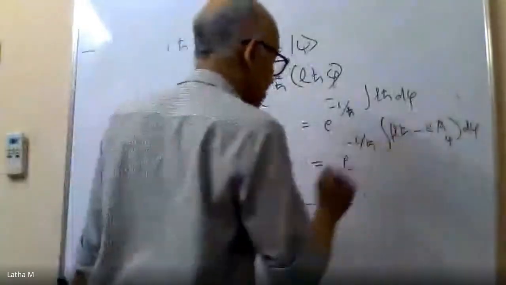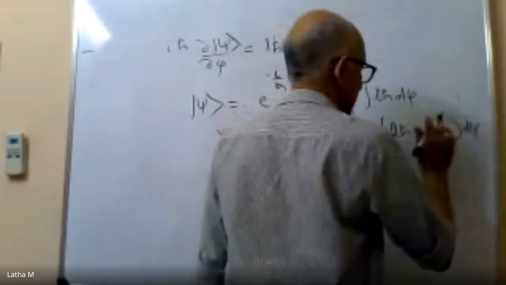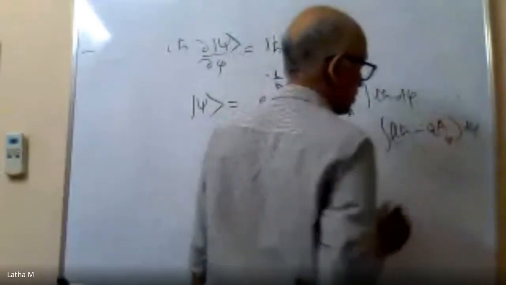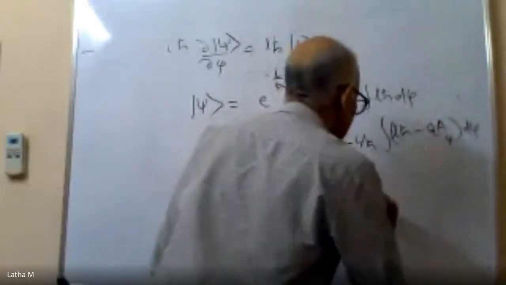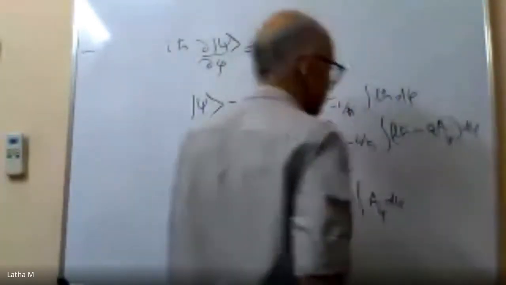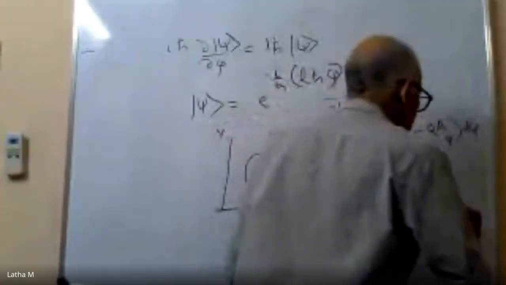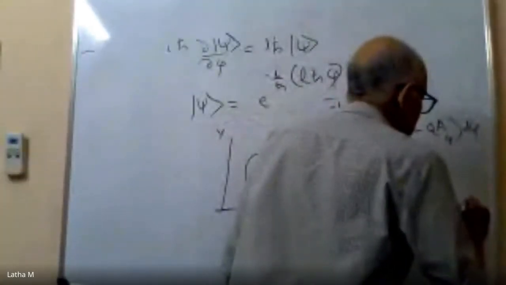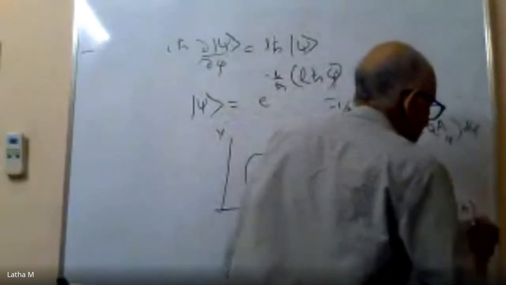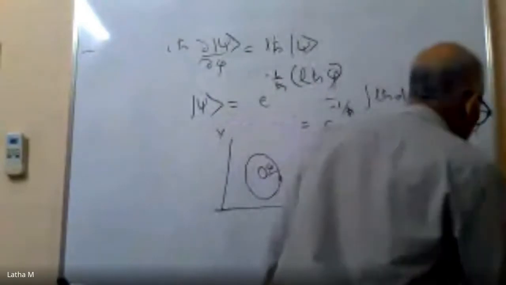If you consider the last term, this is again Q. I am not assuming that it is an electron. Integral A phi d phi can be written as integral del cross A phi dot ds.